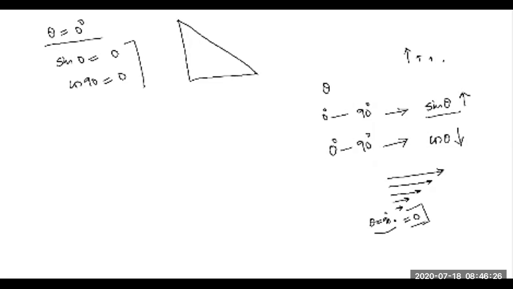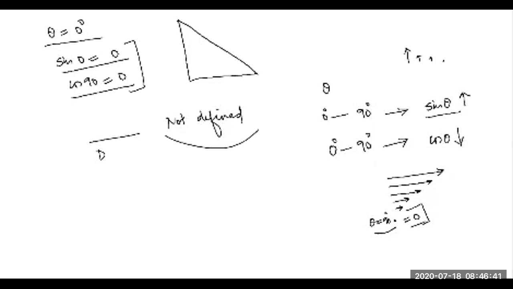So all the trigonometric ratios in which sine 0 and cos 90 come in the denominator cannot be defined. They are not defined. You can find it for yourself. Which are the trigonometric ratios which cannot be defined? For example, if sine 0 is 0, cosecant 0 cannot be defined because cosecant 0 is 1 by 0, not defined.